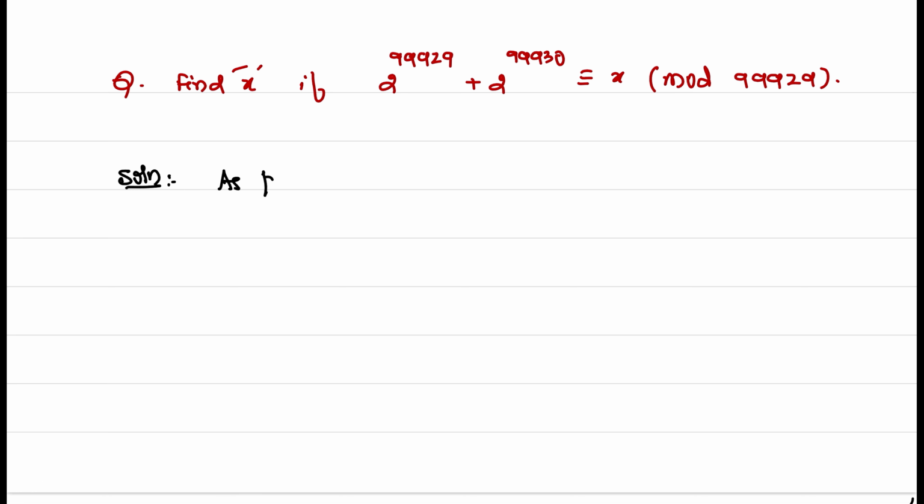As per Fermat theorem, a to the power of p minus 1 equivalent to 1 mod p.